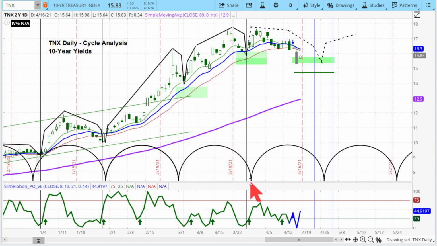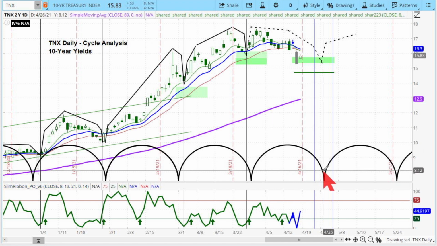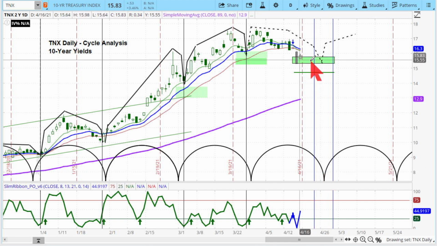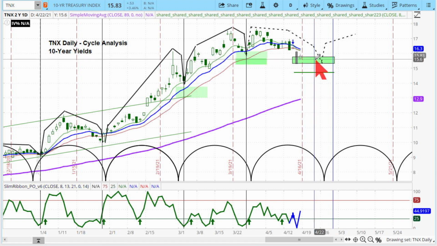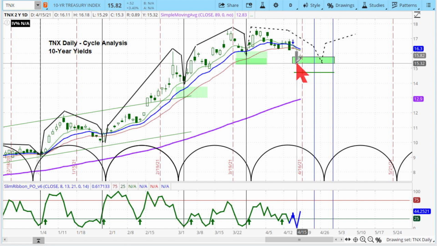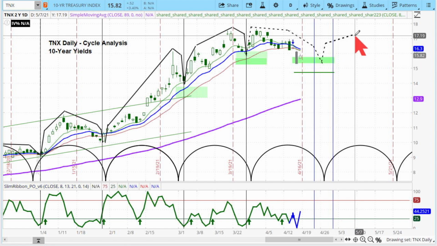You see the beautiful rhythms on these lows, and then this, which was what we call a left-hand translation, where it made its peak right over here on the left side, telling you that the market was in a correction and looking like it's going to decline for another week. So we could see maybe there's a variance in here, maybe 3 to 6 days where the yields continue to move down, test this 153 low, and then begin to move up again.